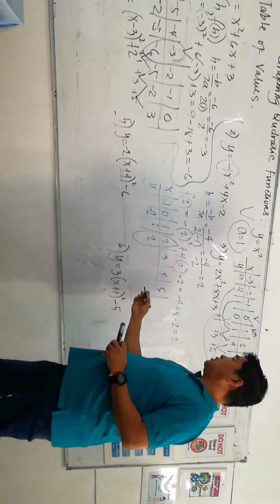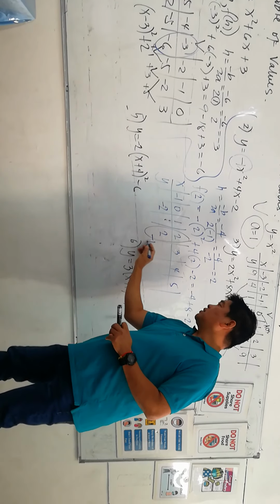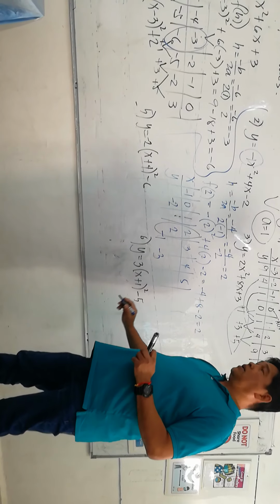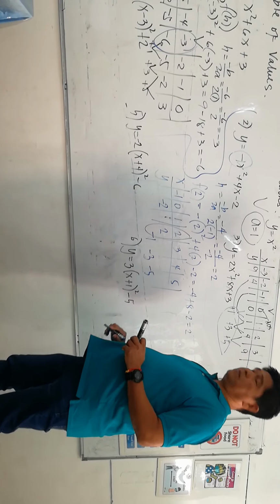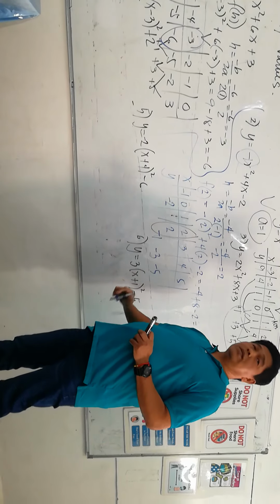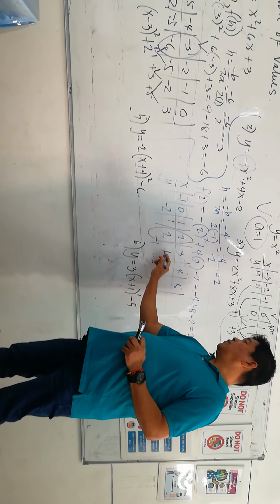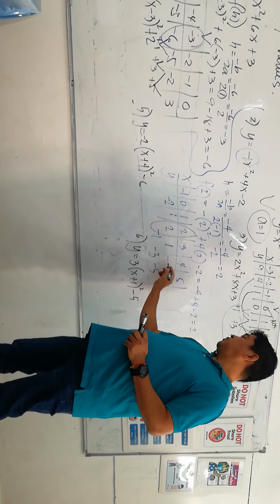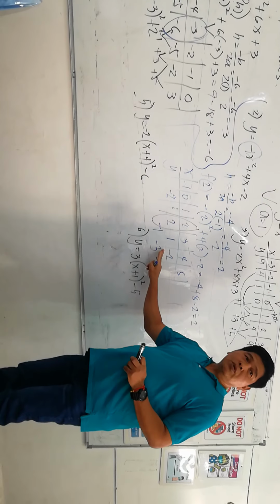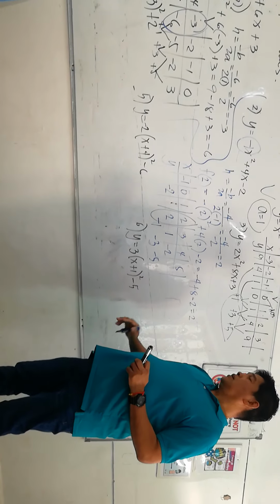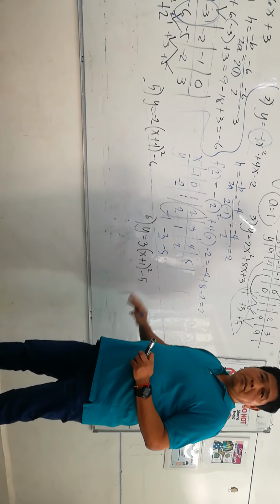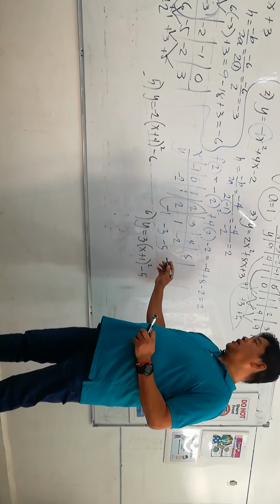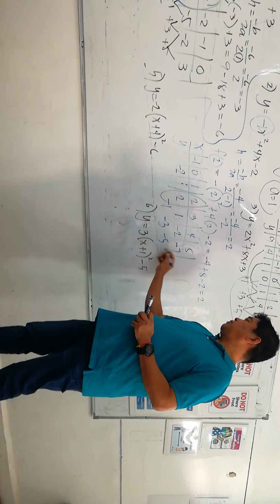So we start with minus 1, instead of plus 1, then minus 3, and then minus 5. What is 2 minus 1? Equal to 1. 1 minus 3, negative 2. Negative 2 minus 5 equal to negative 7.